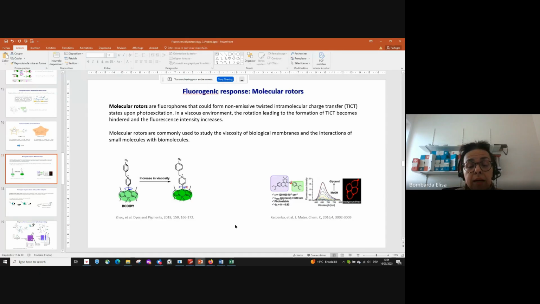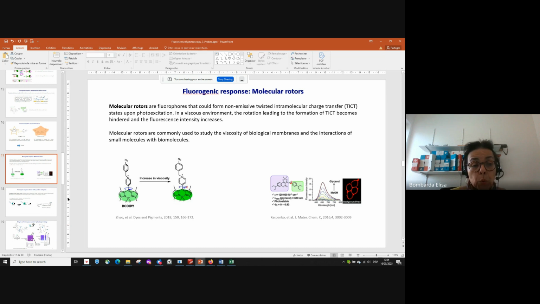So they try to design molecules that, with their chemical reactivity or their molecular structure, are able to change their fluorescence as a function of a change in a specific property of your system.